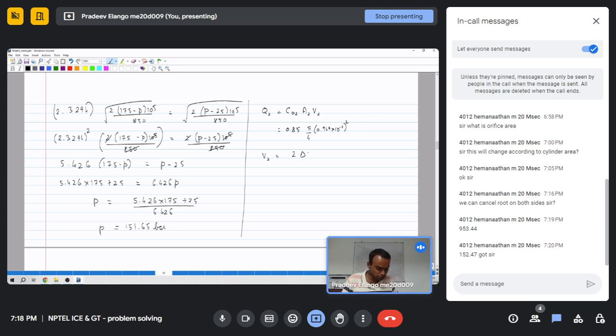Velocity we can calculate separately. So this is root of 2 delta p by rho, and that is 2 into (151.65 minus 25 bar of the cylinder) into 10 power 5 divided by 850. That is V2.